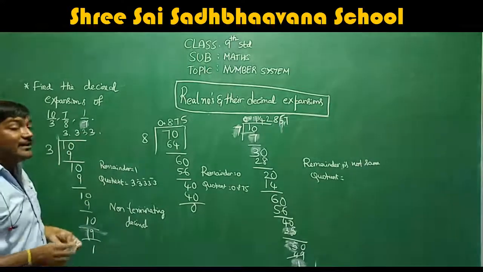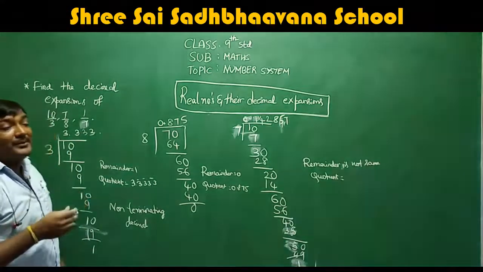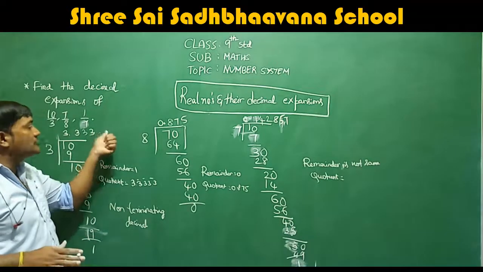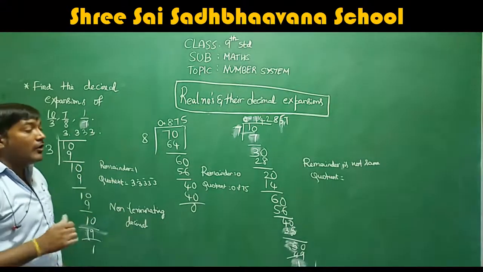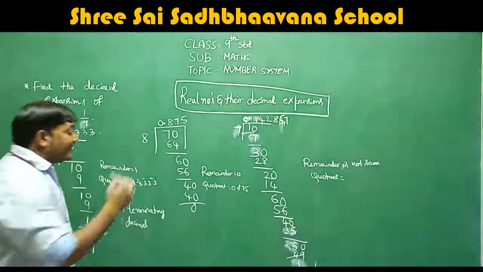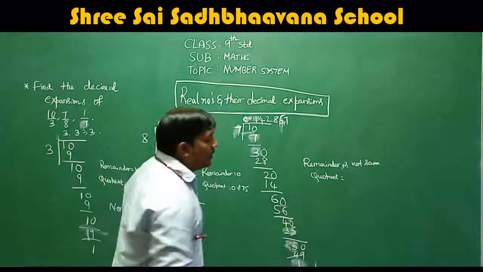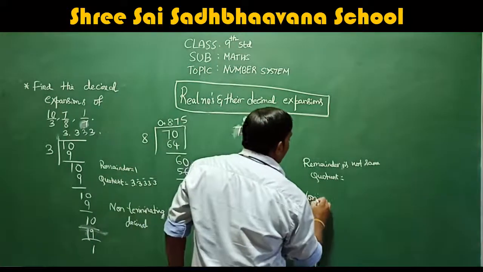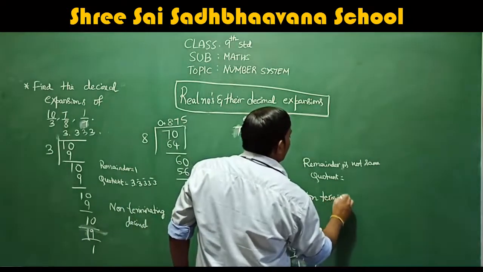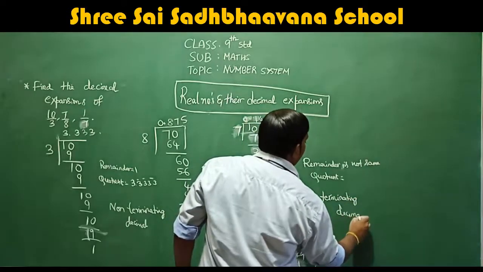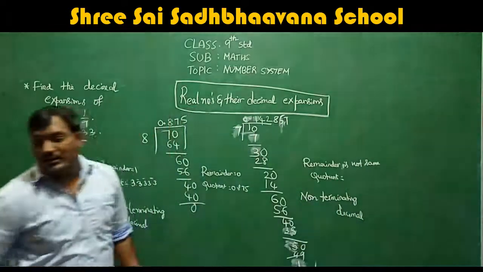Understood? Non-terminating, as I said, terminating in the sense stopping. Termination means stop. So here it is not stopping. So that's the reason it is called a non-terminating decimal. And here also, is the division getting stopped? No. So that is the reason this is considered a non-terminating decimal, because the division is not getting stopped.